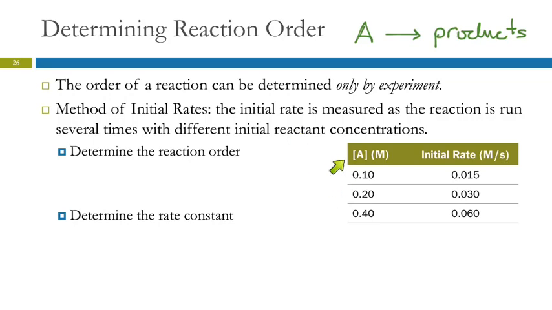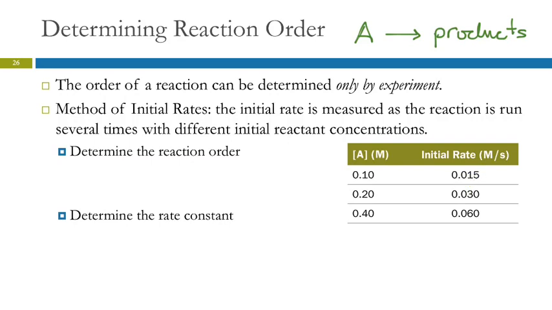If the concentration of A initially is 0.1 molar, we can measure the initial rate, maybe over the first 10 seconds or whatever, and find that the initial rate is 0.015 molarity per second.